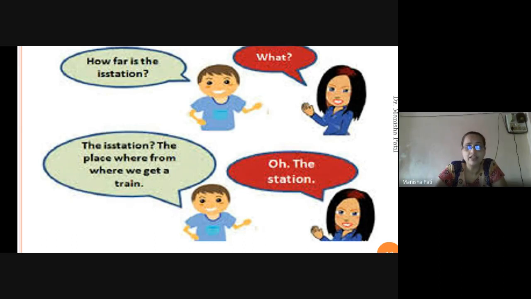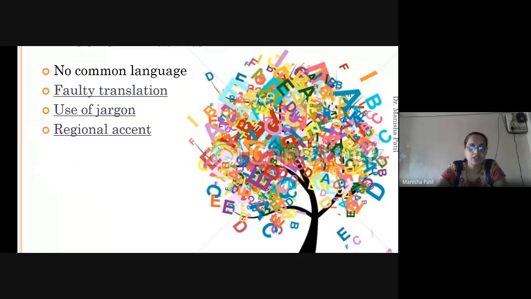For example, I will give you another example. In Bengali, A becomes O. So if you are saying ghadi, it becomes ghodi. And as you know, the meaning changes. So we are talking about regional accent.